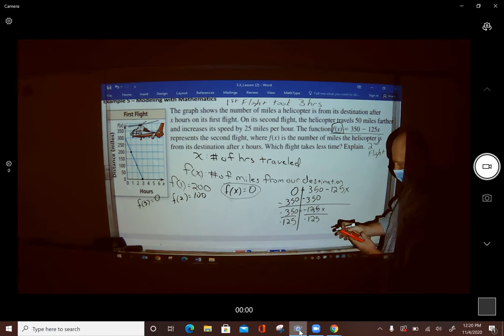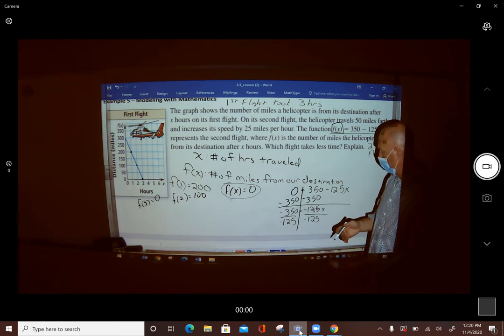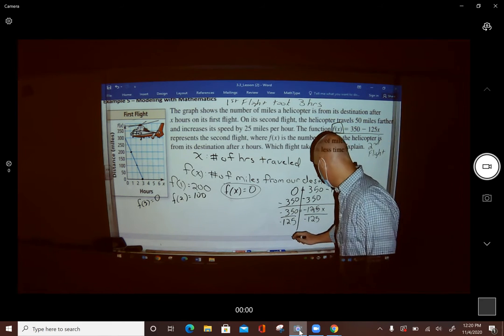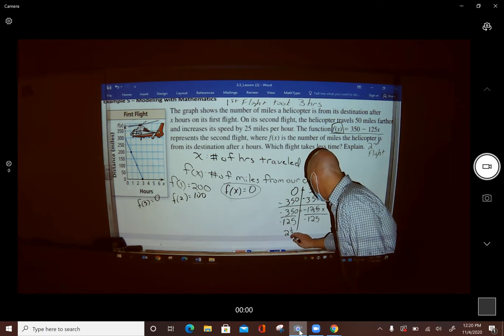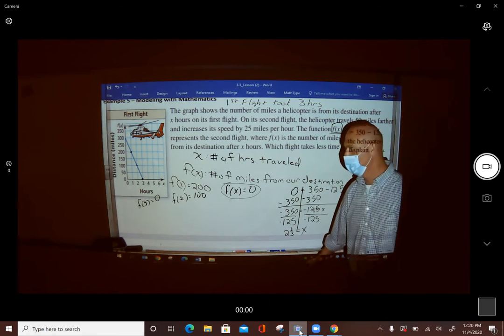Negative 350 divided by negative 125 is actually 2.33 repeating, or 2 1/3. So 2 1/3 equals x.